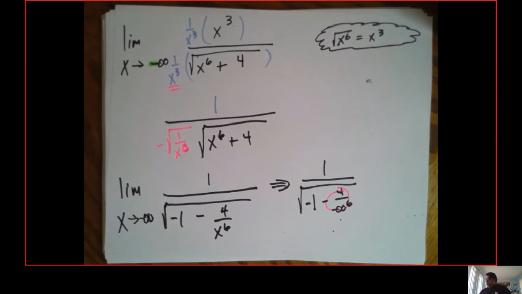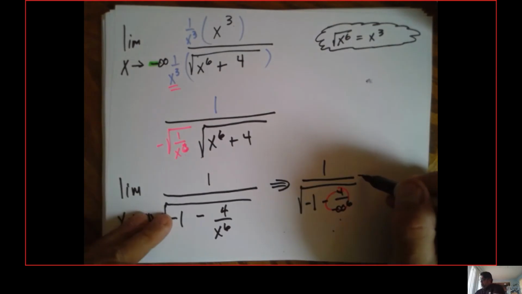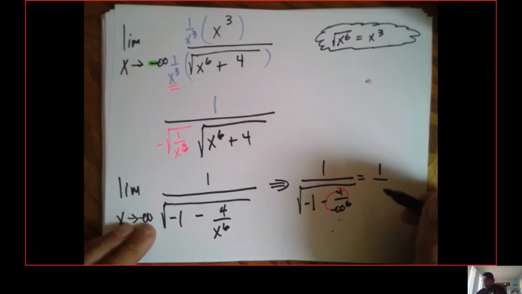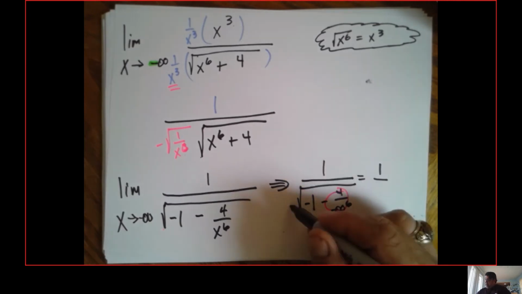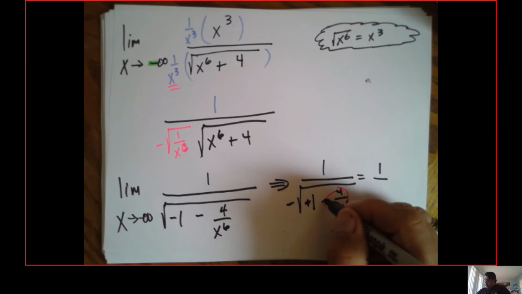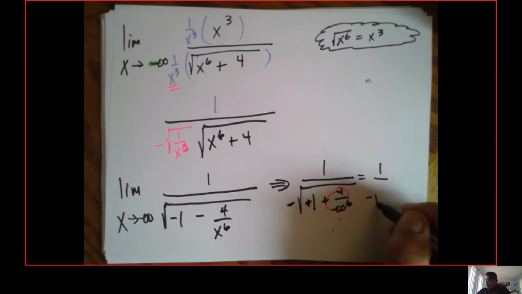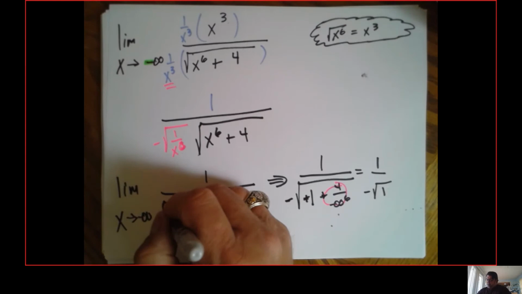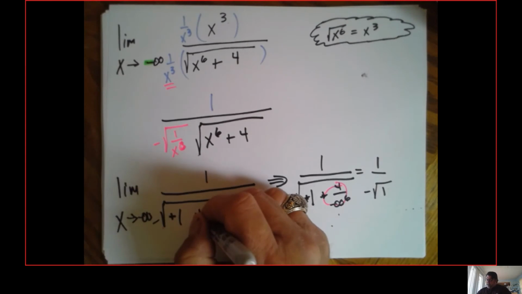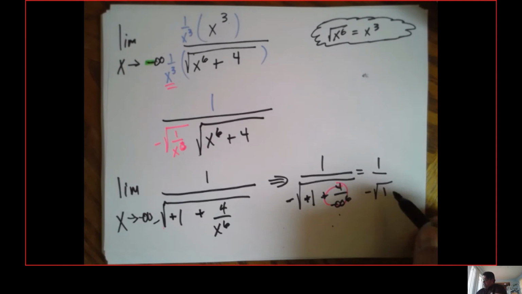The negative needs to be on the outside, sorry. That would be a positive, and 1 plus 0 is 1. So it's going to be negative square root of 1. Excuse me, sorry about that. Leave the negative out front. All right, and that's going to give us negative 1.